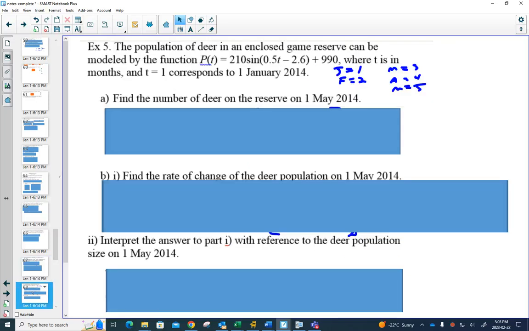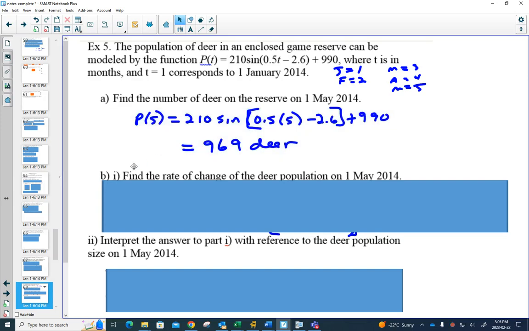and try the last one. So part A, you would just plug into the actual equation.